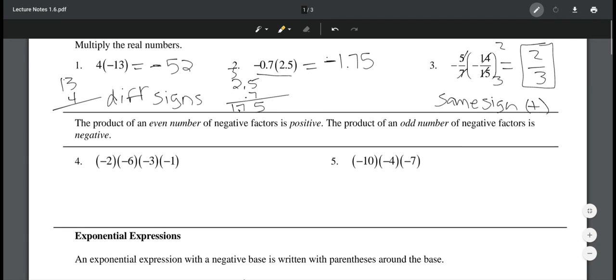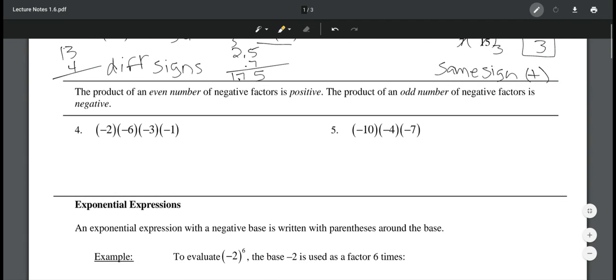Now, here's a little shortcut when you have to multiply more than just two numbers together. This says the product of an even number of negative factors is positive. The product of an odd number of negative factors is negative.